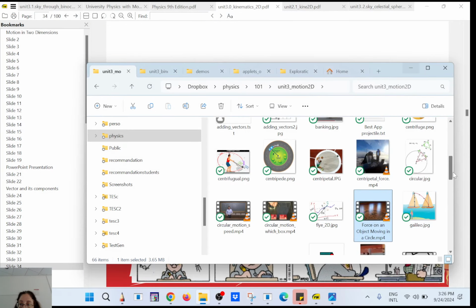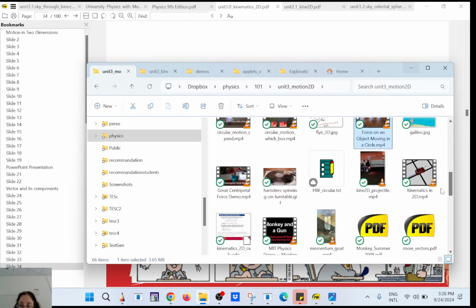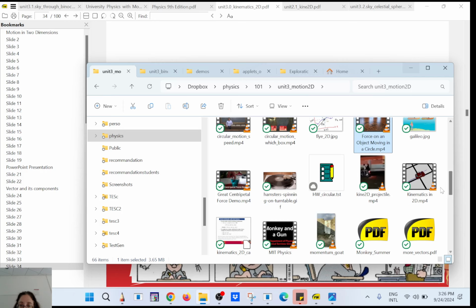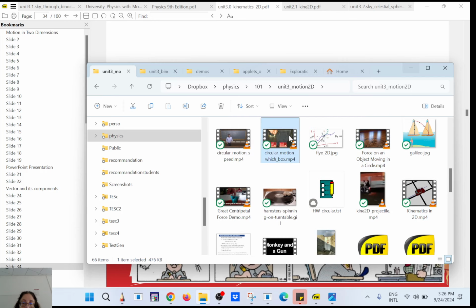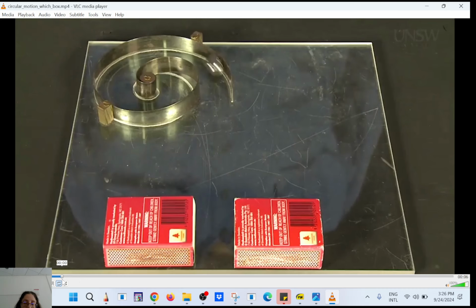So let's see, I have a small demo somewhere that I found. No. Start over. So, a typical conceptual question: you have this ball, it's going to go around, and here it's going to leave the track. Question: is it going to hit this box, that box, or is it going to keep going in a straight line at a constant speed?